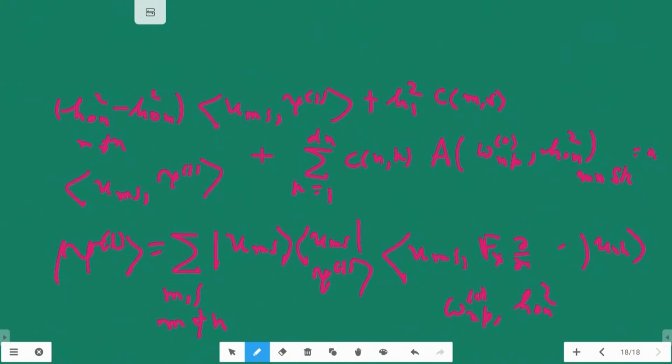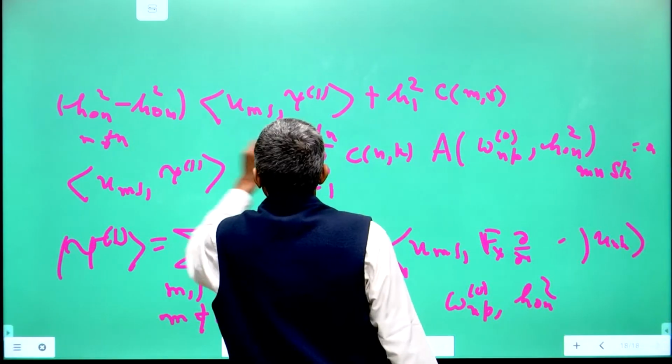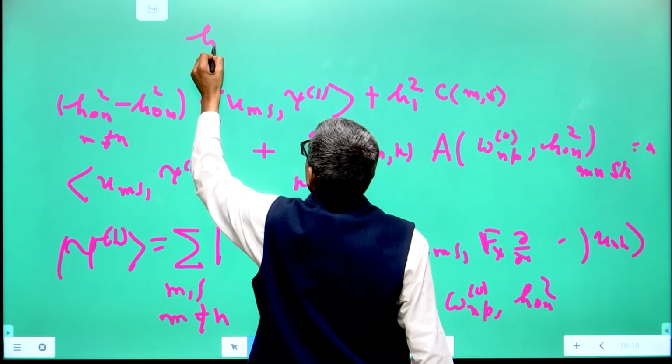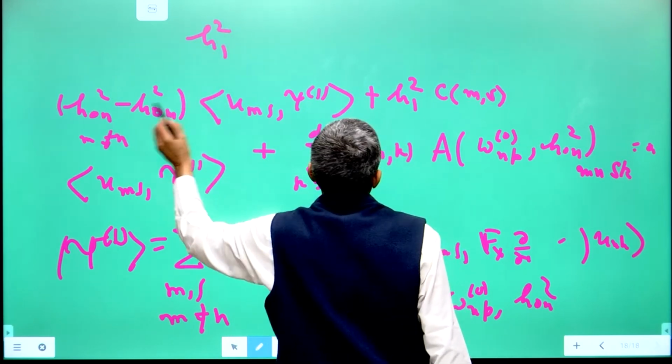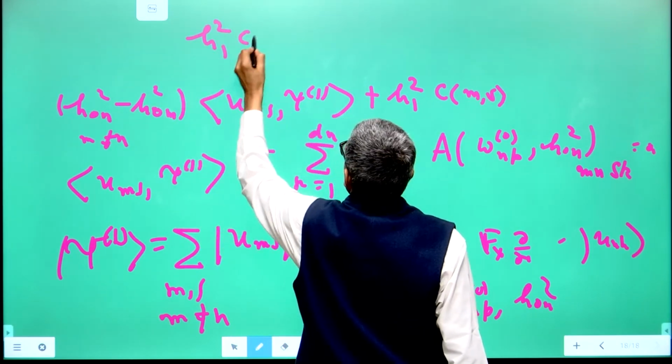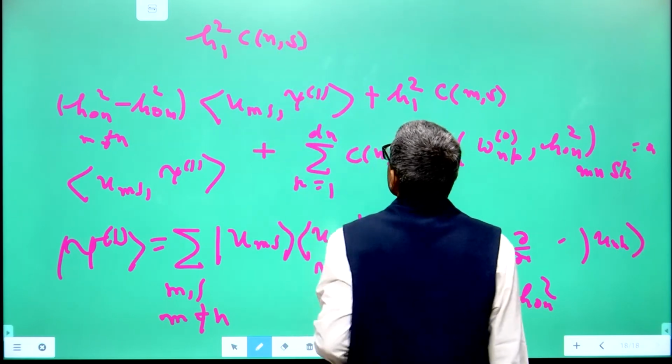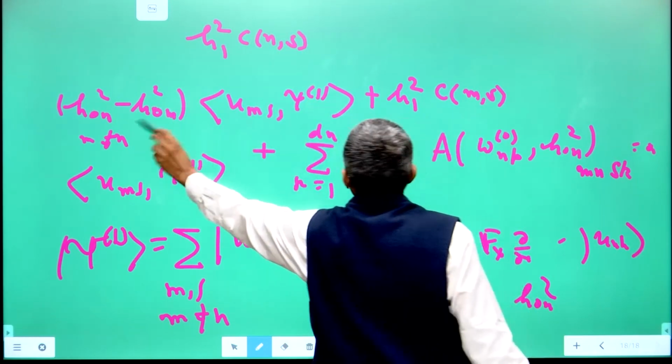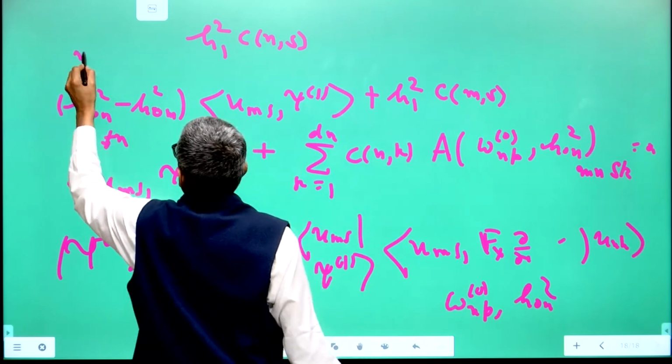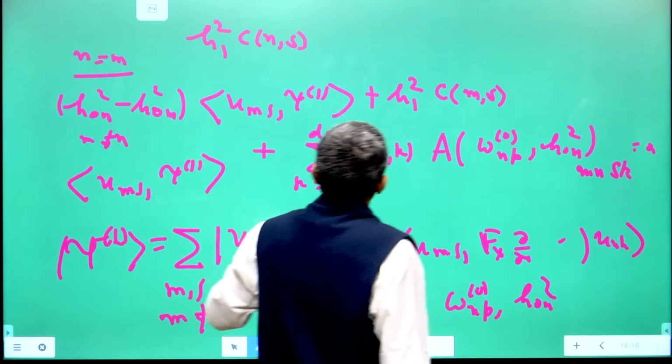But now the question: how do you determine h1 square? You do not know the possible values of h1 square. That will come by putting n equal to m in this equation, when this term will vanish. So you will get the equation for h1 square. If you put n equal to m, this term becomes C_ns, and the other term drops out.